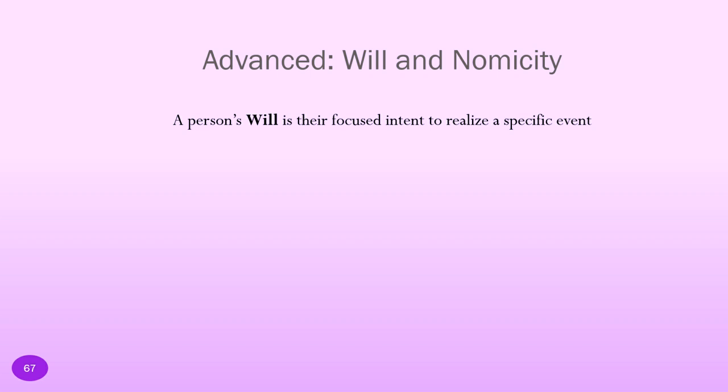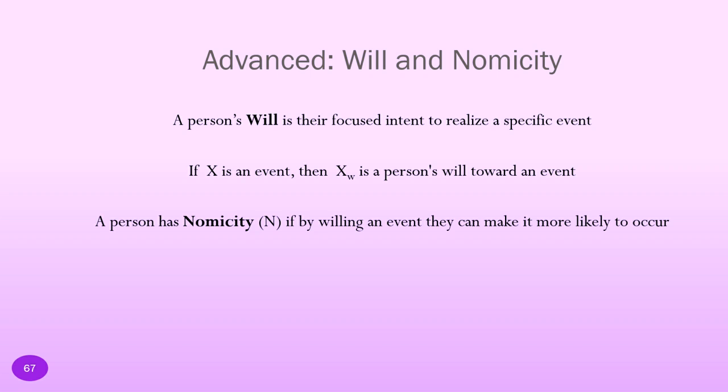So a person's will is their focused intent to realize a specific event. Right? So if X is an event, then X little w is a person's will toward that event. A person has nomicity, I'm going to call that N, if by willing an event, they can make it more likely to occur.